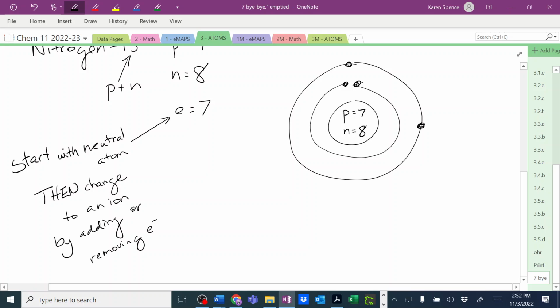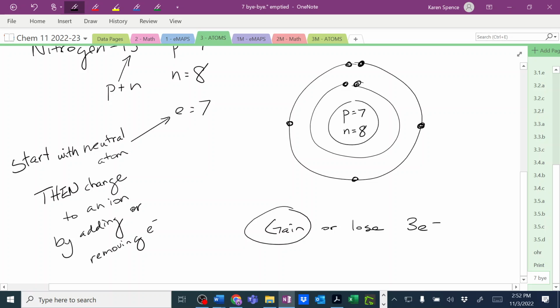Yeah. 4, 5, 6, 7. Is this atom going to gain or lose? So that's 5. So are we closer to full or closer to empty? Closer to full. So we are going to, how many?